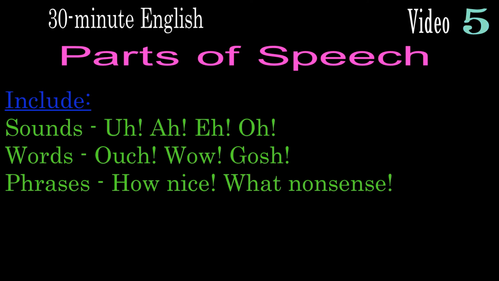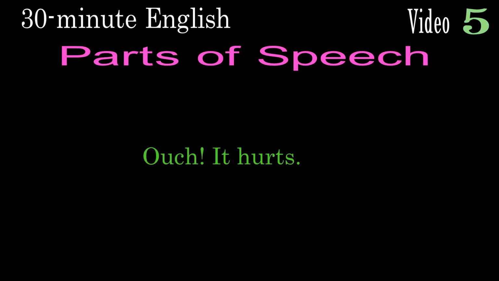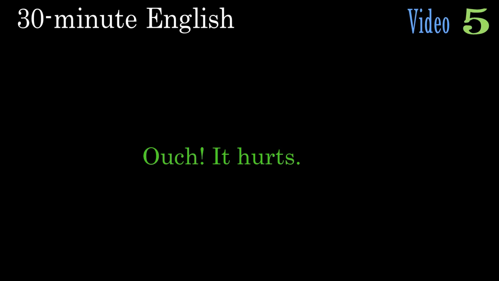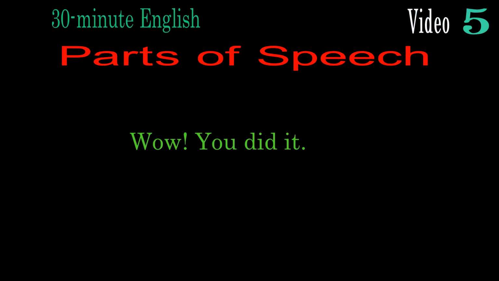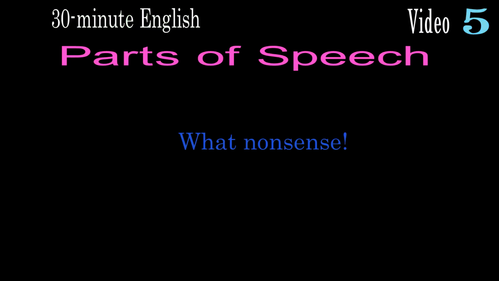All those things are interjections. Let's see how and when they can be used. When you hurt from something, you may say, ouch, it hurts. When someone succeeded in doing something, you may say, wow, you did it. Someone did something unpleasant, you may say, what nonsense.